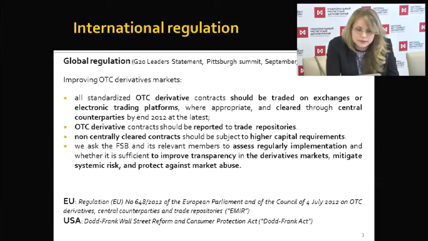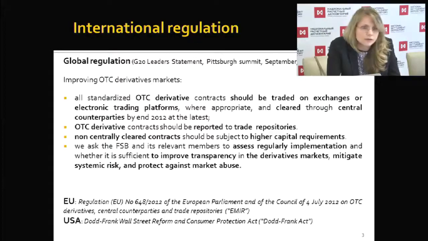A very important statement is that OTC derivative contracts should be reported to trade repositories, and non-centrally cleared contracts should be subject to higher capital requirements. And of course there should be assessment, regulatory implementation, and improvement of transparency in the derivatives market, to mitigate systemic risk and protect against market abuse.